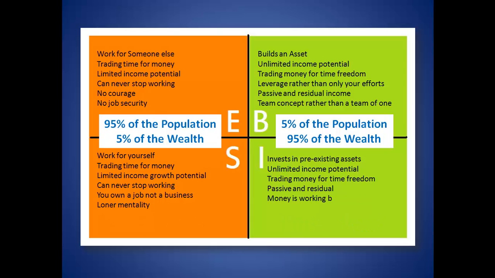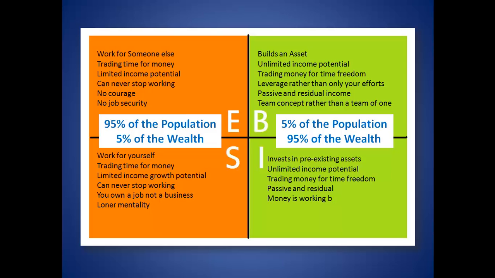Now let's take a look at this. 95% of the population, unfortunately, is functioning in the left-hand quadrants, in the E or S quadrants. Now, 95% of the population is participating in the left-hand quadrants, but they represent only 5% of the total wealth.